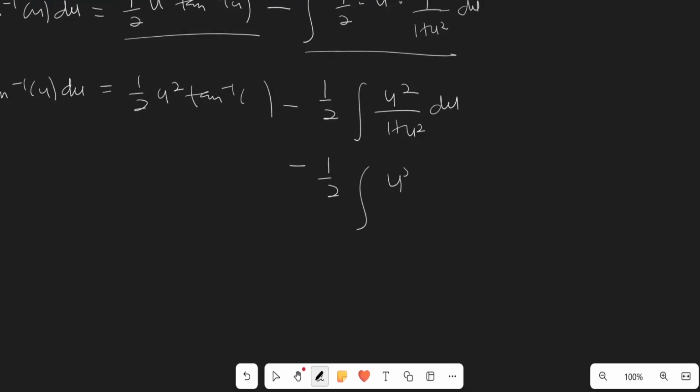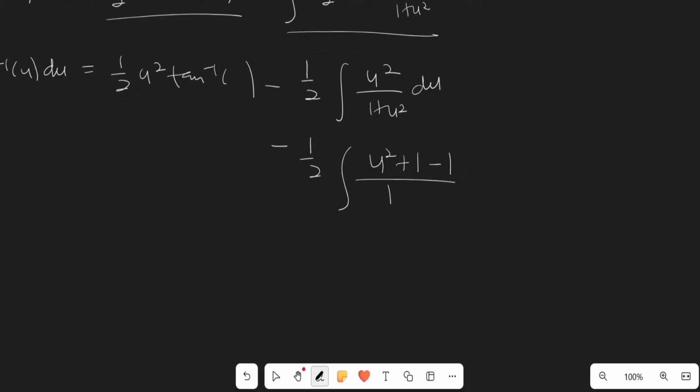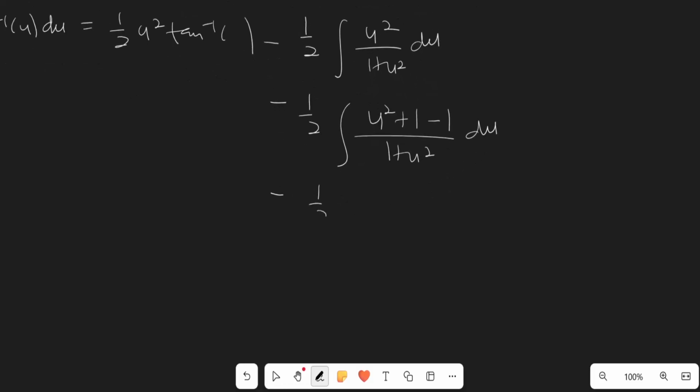For this one, I can add 1 to the numerator and subtract 1. I haven't changed anything. Now divide by the denominator. So this is minus 1/2, and I can split this into two integrals: the integral of 1 plus u squared over 1 plus u squared du minus the integral of 1 over 1 plus u squared du.